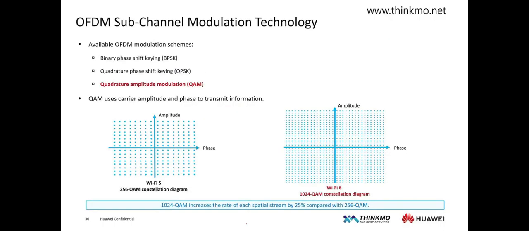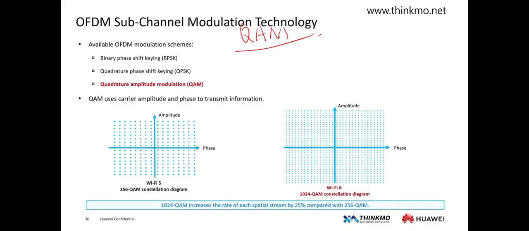In our OFDM technology, we use different modulation methods to improve data transmission efficiency. Common modulation methods include QAM. QAM, or quadrature amplitude modulation, is the most commonly used method currently, allowing for the transmission of more information.